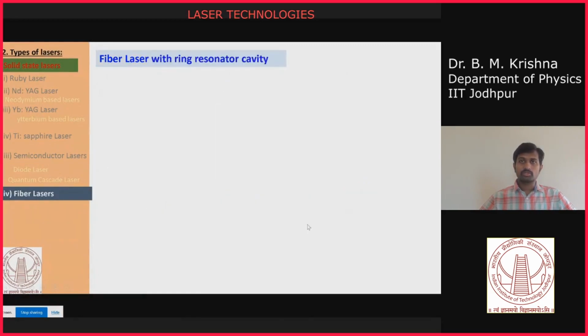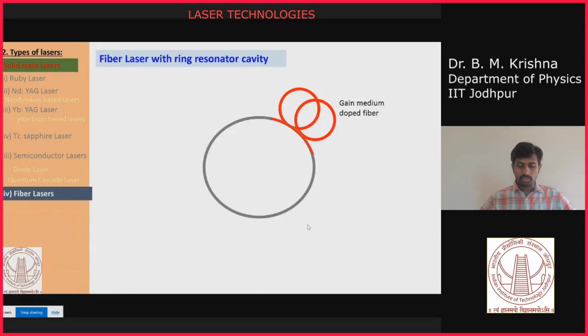Now we are going to discuss the fiber laser with a ring resonator cavity. That means you have a fiber, and you couple your pump light through a wavelength division multiplexing coupler. WDM is nothing but wavelength division multiplexing.